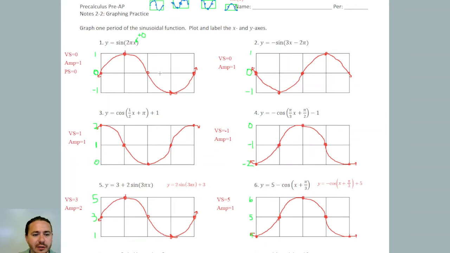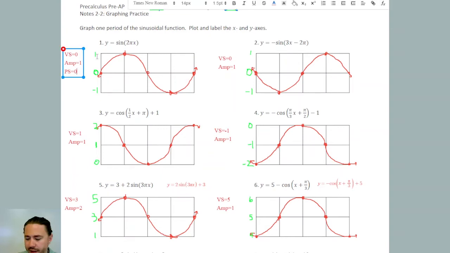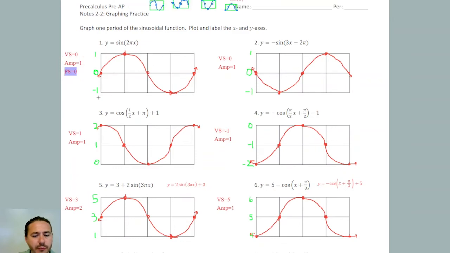But since it's plus 0, we're not adding anything to our x term. The C is 0. 0 divided by 2 pi would just be 0. So the phase shift is 0 here. I'll show you this one, but from here on out, we'll just calculate all the phase shifts and then go back and label. Okay, so the phase shift is 0.